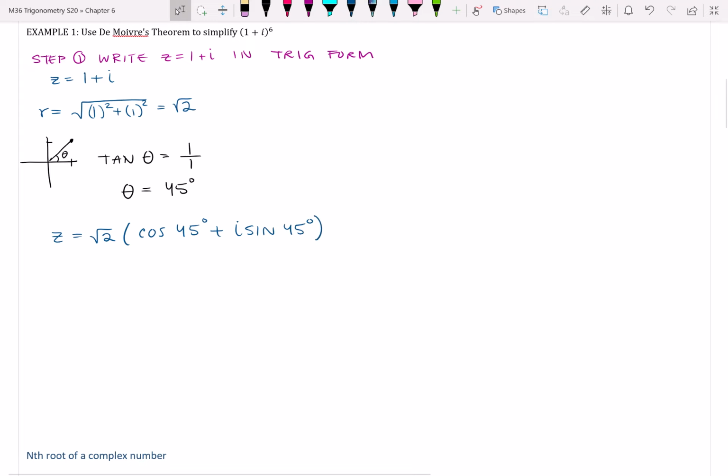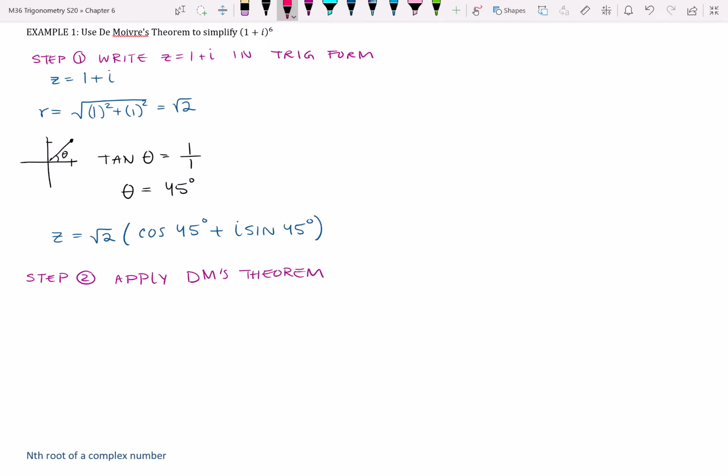So let's apply that definition. Let's call that step 2: apply de Moivre's theorem.